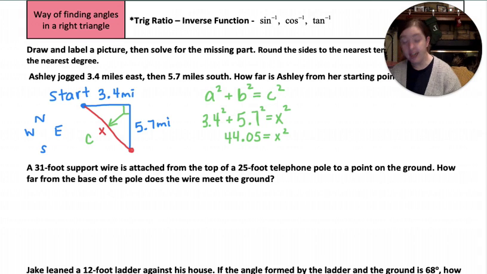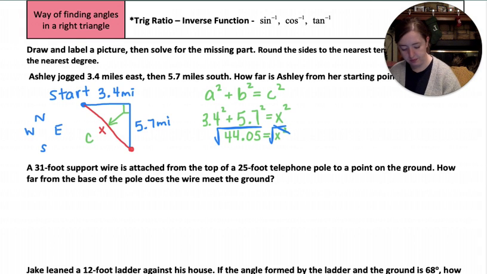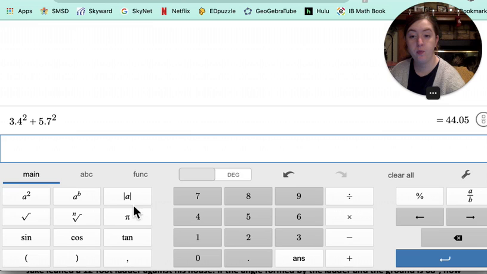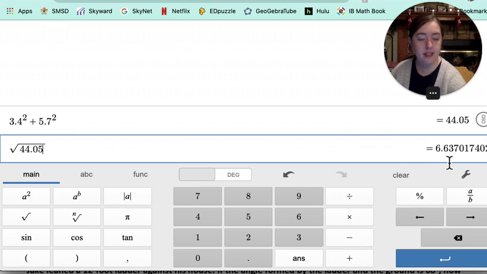Now to get x by itself, we're going to have to take the square root of both sides. So my squared and square root cancel each other out. And then we'll put the square root of 44.05 into our calculator. And we're getting 6.6.